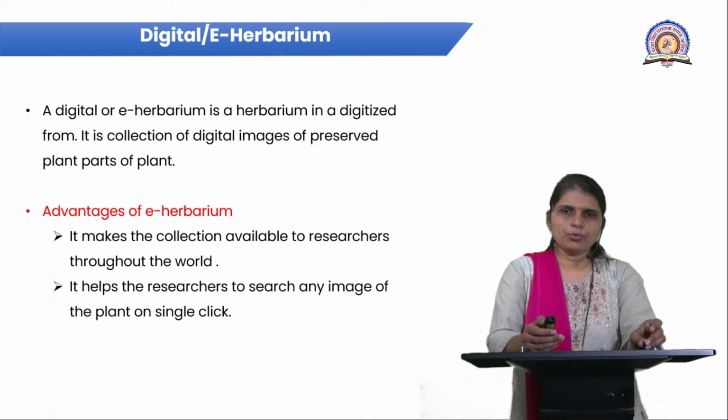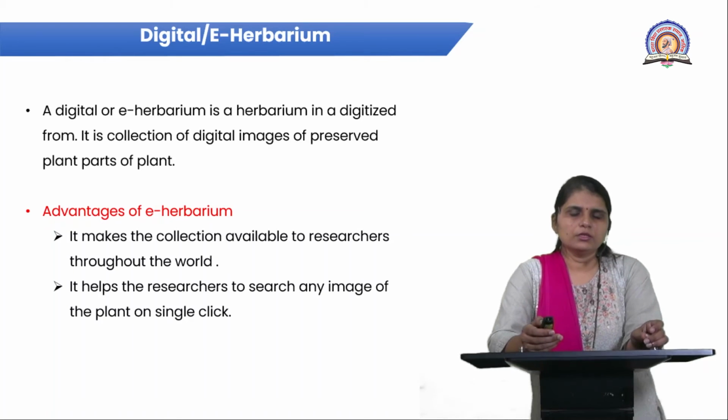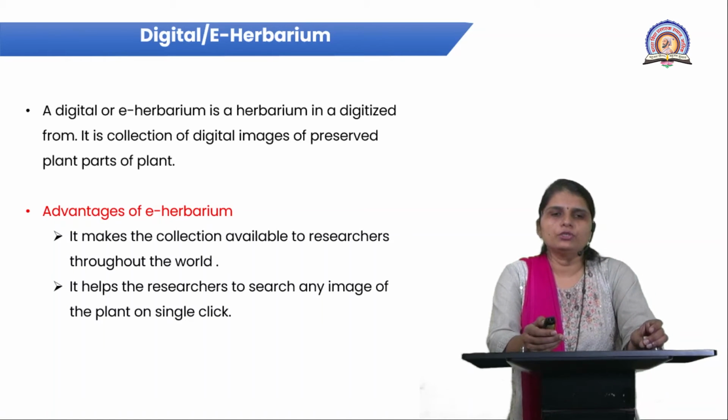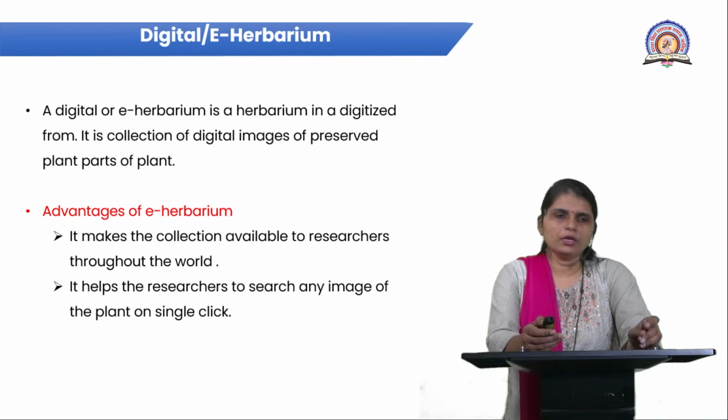It is very important. You cannot go here or there. You can search the plant image on your computer, and you already have the data and images of that plant. You have to select for your research. It is very helpful. That is the e-herbarium.